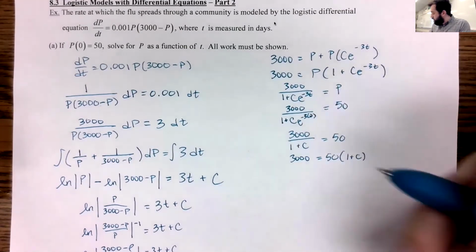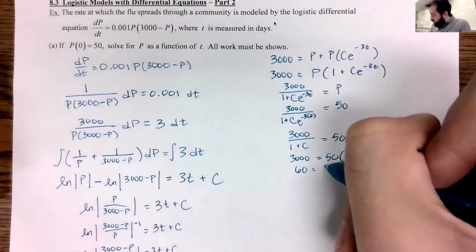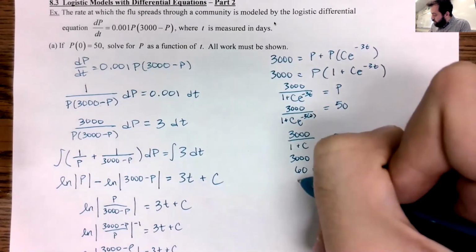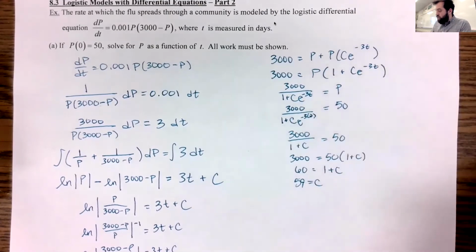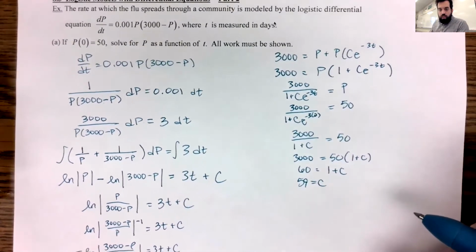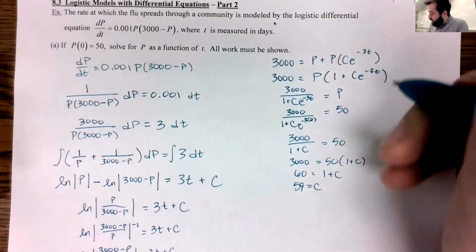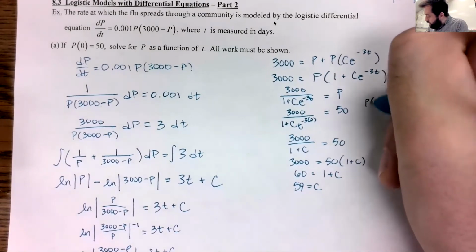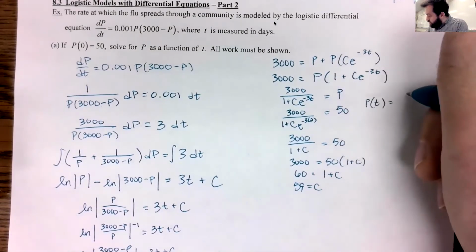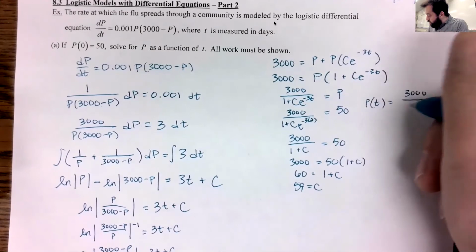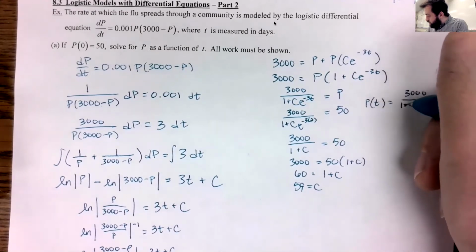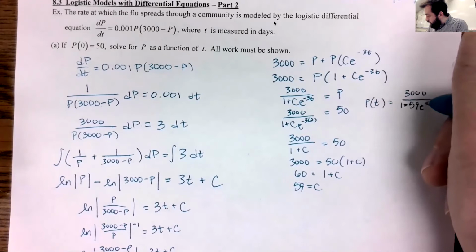Divide by 50, and we get 60 equals 1 plus c. So 59 equals c. So our final version of this formula, I'm going to write over here, we get p of t equals 3,000 over 1 plus 59 e to the negative 3t.